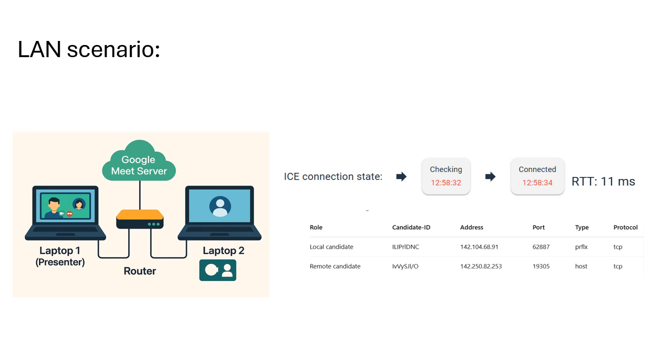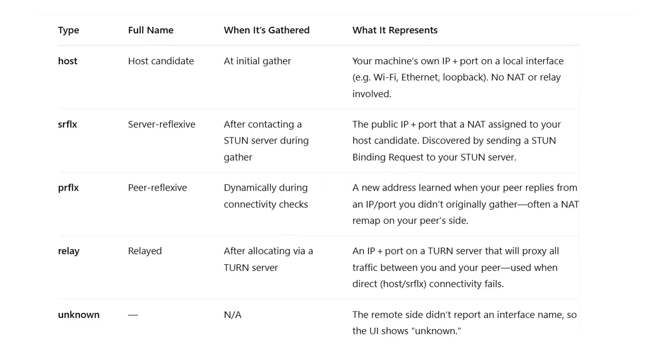They need 2 seconds for the handshake because they use TCP, and both are behind the NAT and use the prflx type. The average RTT between the two peers is 11 milliseconds.